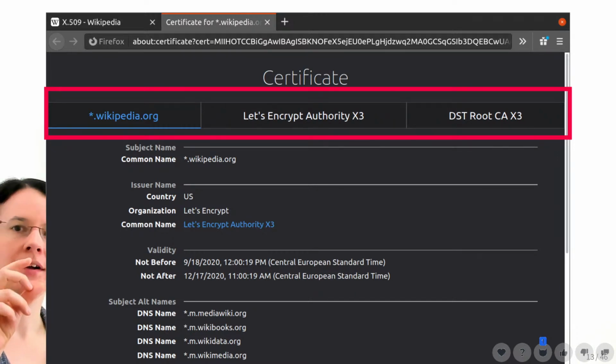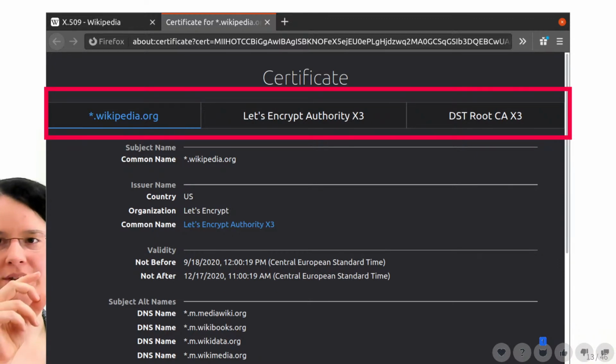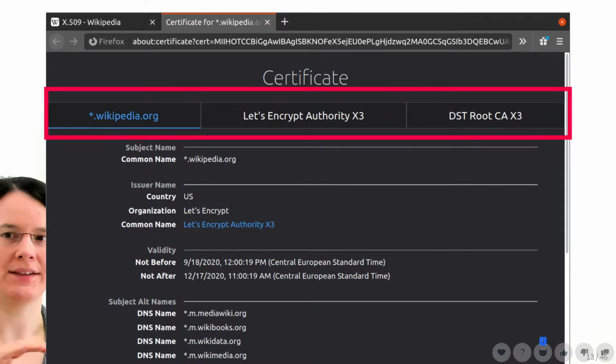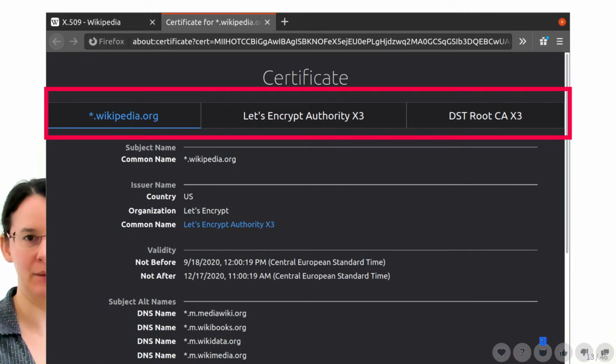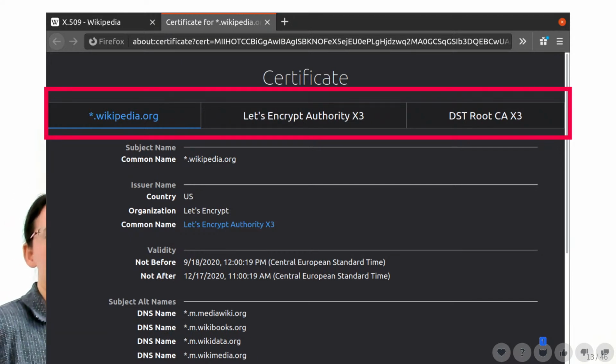After that time, Wikipedia would need to get a fresh certificate from the same authentication authority usually. And you can see there are also some alternative names, which are additional domains that can also be protected with the certificate. So for example, those are all the websites that are affiliated with Wikipedia, like Wikimedia and Wikidata and Wikibooks and so on. So that's the first tab.